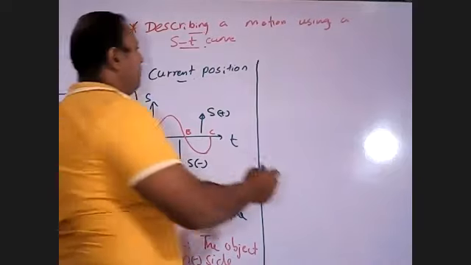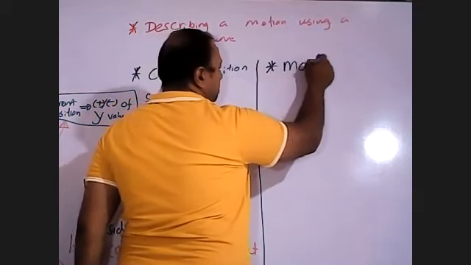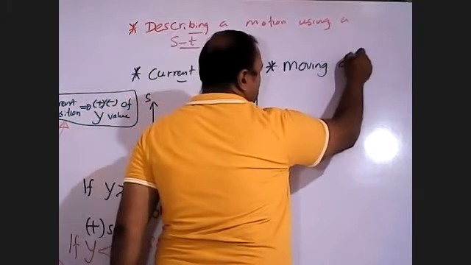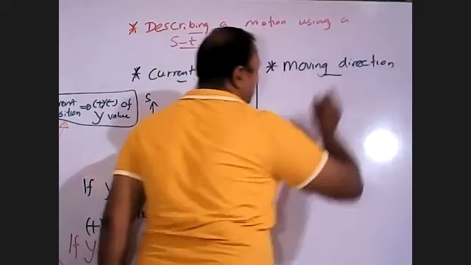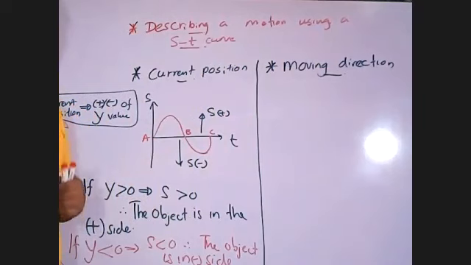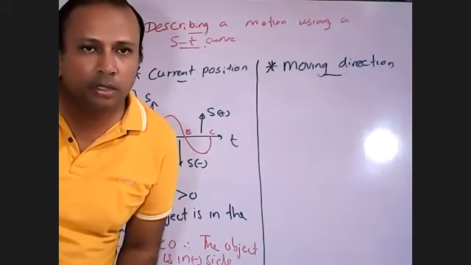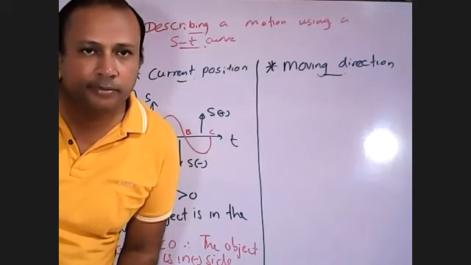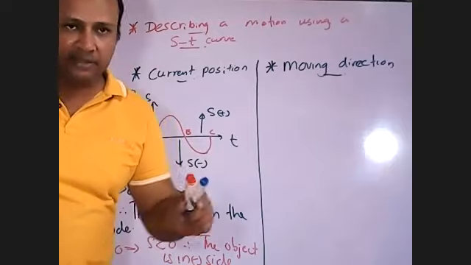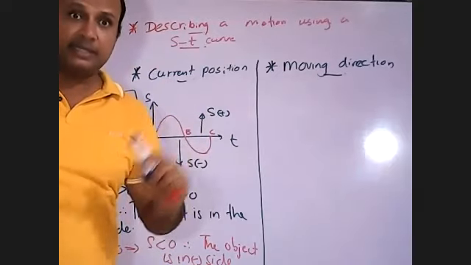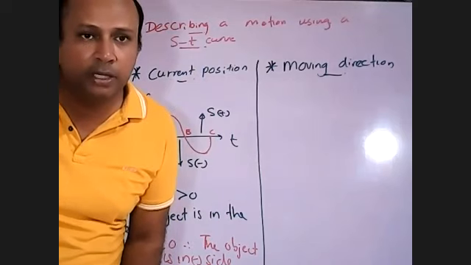So how to identify the moving direction? What is the factor that decides the moving direction? Yes, very good. The factor is the positiveness or negativeness of velocity. Yes, that is good.